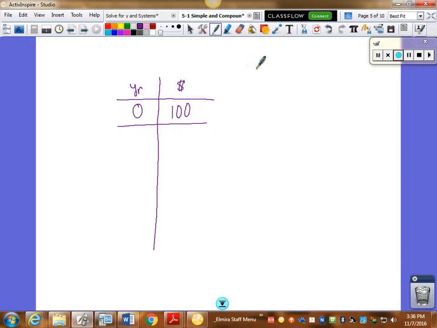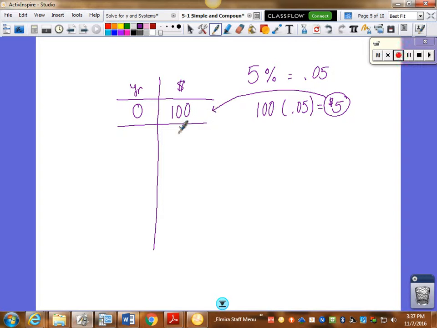And let's say the account is earning 5% interest. So that means we're going to use 0.05 for our decimal. So $100 times 0.05 would equal $5 in interest. So that's how much interest I would earn. And I would add that to my 100 so that at the end of the year I would have $105.